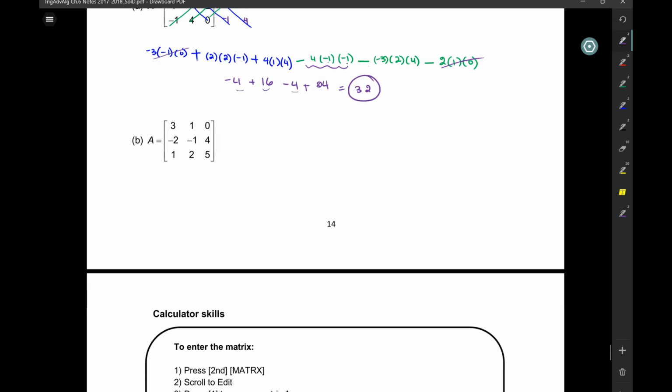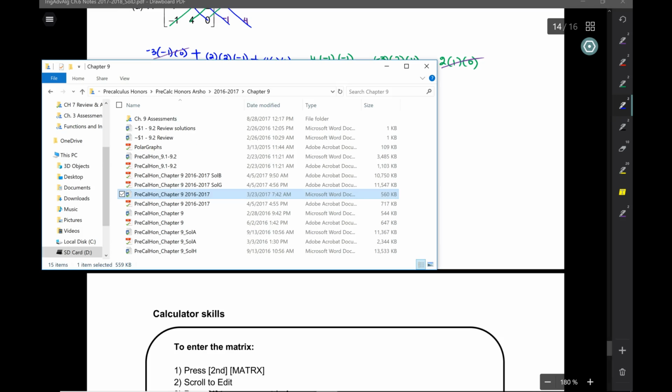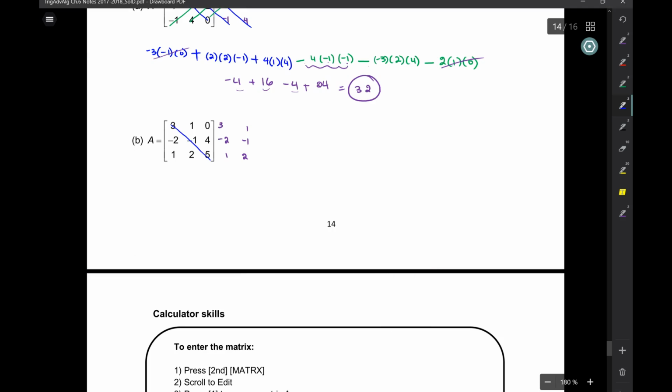All right. So let's do this next one then. We're going to reproduce the first 2 columns. Okay, so first diagonal, 3, -1, 5, plus 1, 4, 1, plus 0, -2, 2.